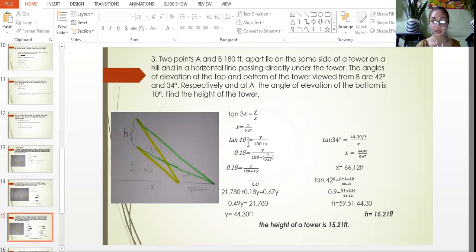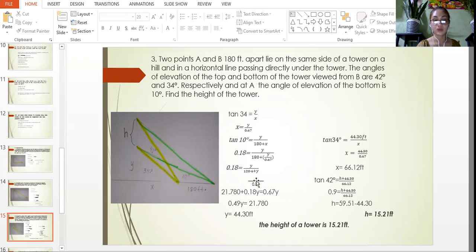The value of tan 10 degrees is 0.18. Then 0.18 is equal to y over (180 plus y over 0.67).